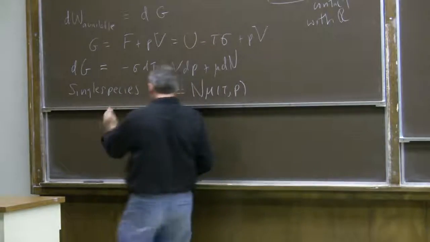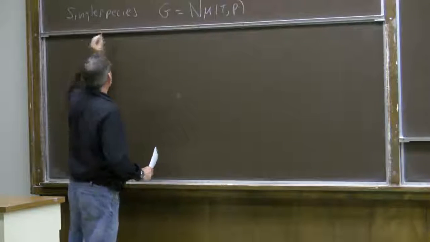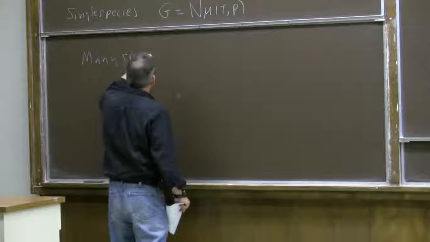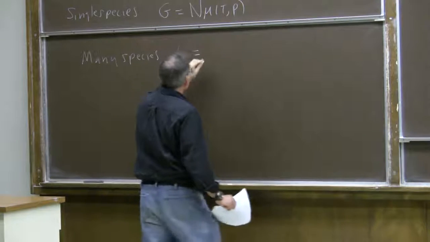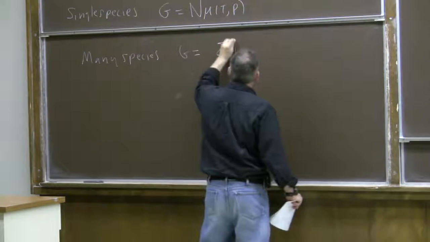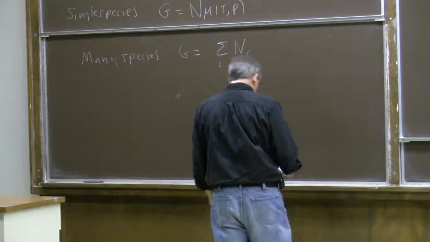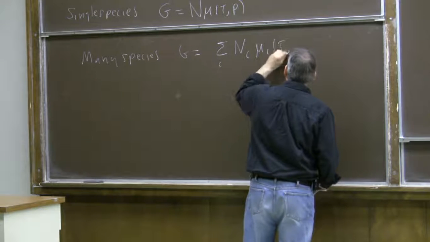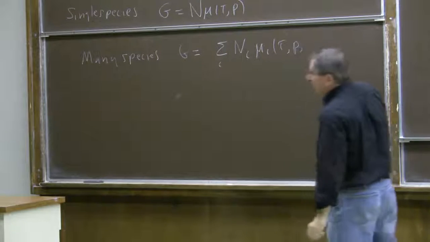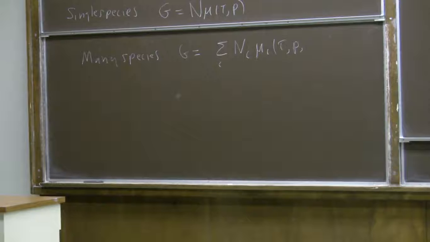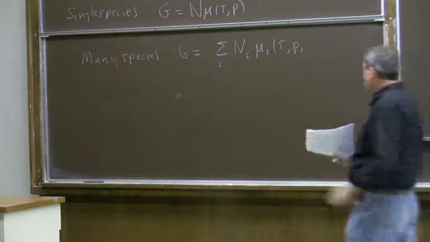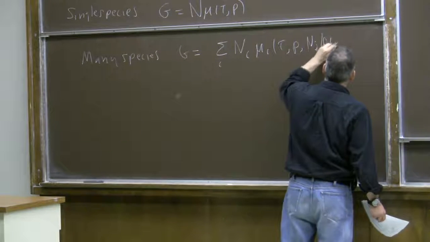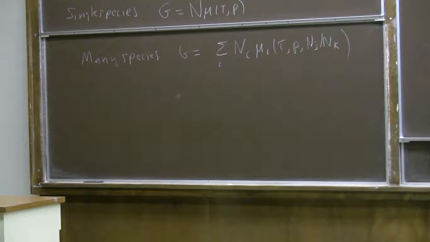And if there are many species, or particle types, then we can write it as a sum over species, number of particles of type i, times chemical potential for species i, which depends on temperature and pressure, and also scale independent ratios of numbers of particles of different types, like the ratio of particles of type j to particles of type k.